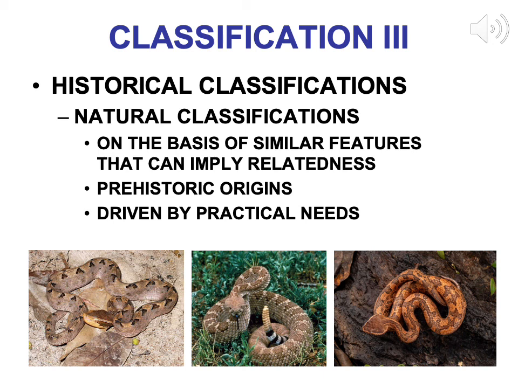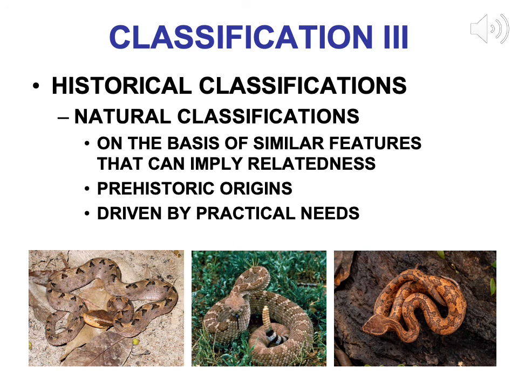If I take a look at these 3 pictures of pit vipers, which are venomous snakes, they all have a certain head shape, they all have venom glands, they all have fangs for delivery of that venom. Those are characteristics that demonstrate some degree of relatedness, whereas they still provide me with a practical way of identifying those organisms as something I need to be aware of.